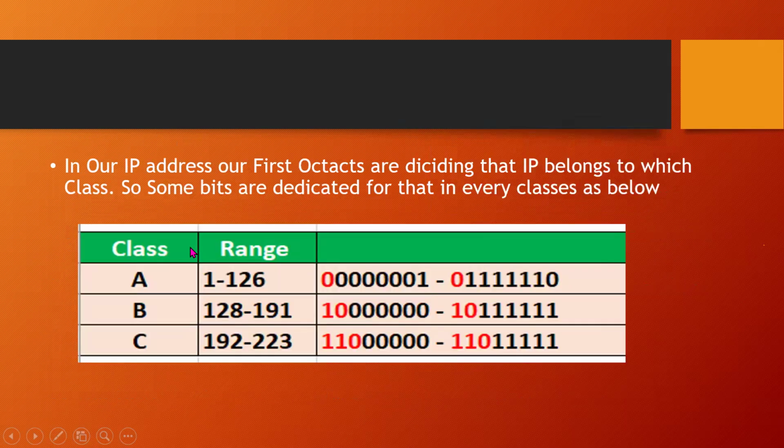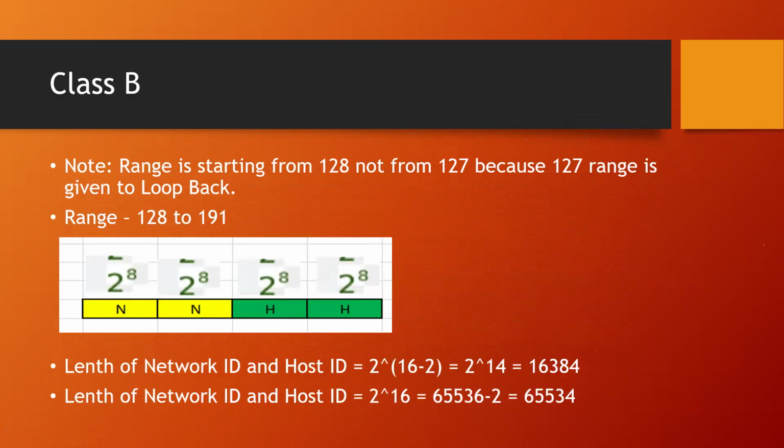Now that we have covered class A, where in our IP address the first octet I have already explained, come to class B IP addresses. The range here is from 128 to 191.